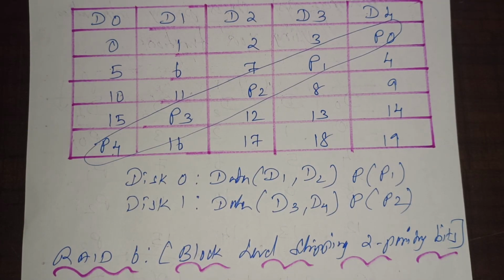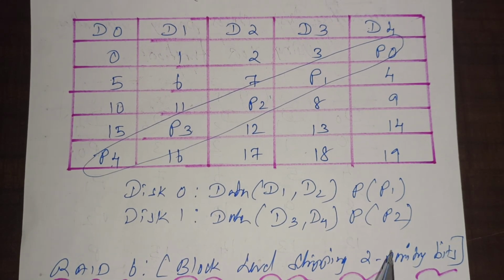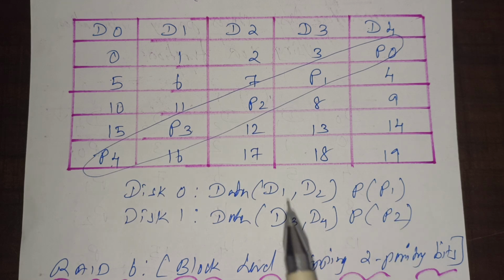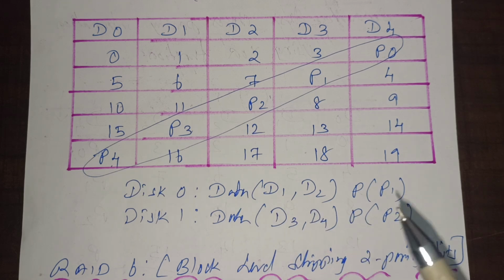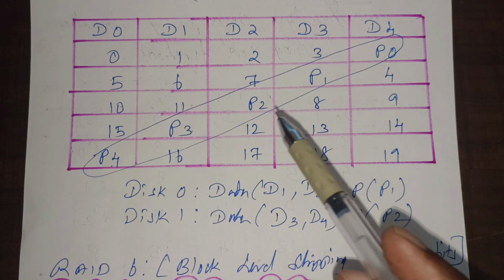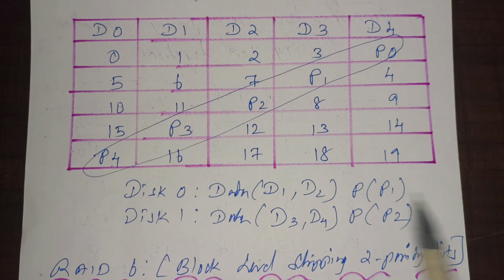Now, what is the limitation, that means the disadvantage we have here? The technology is complex, and extra space is always required. For example, if any of these disks gets damaged, definitely the data is lost forever.